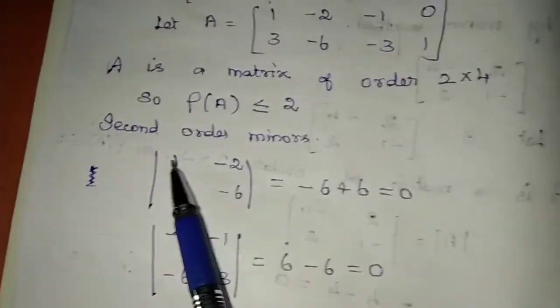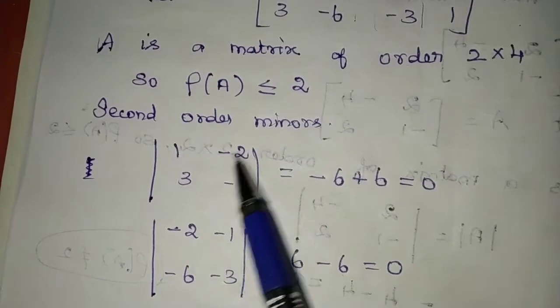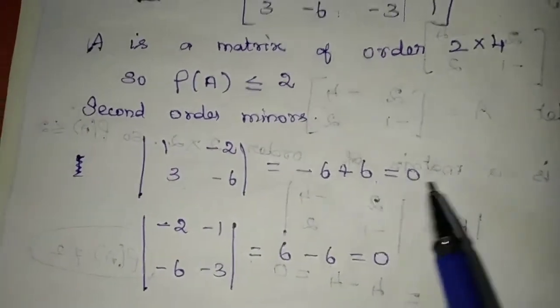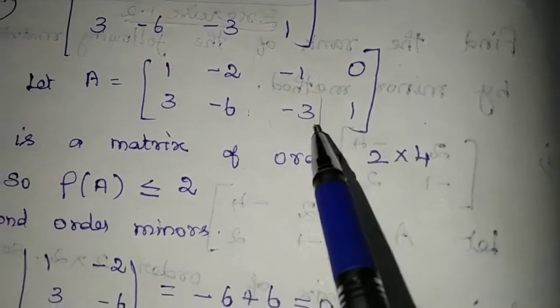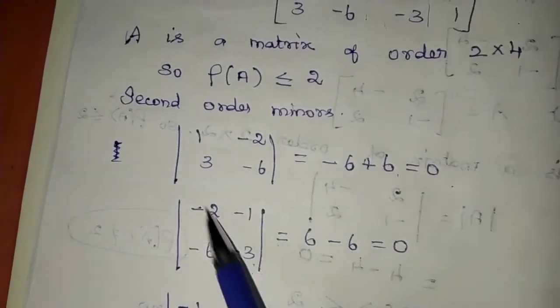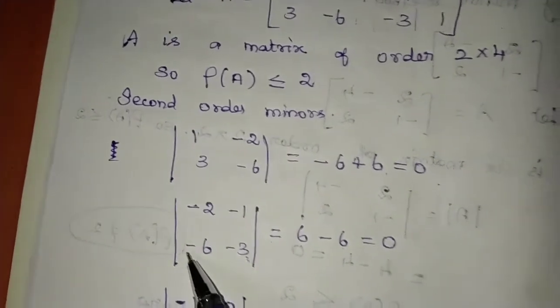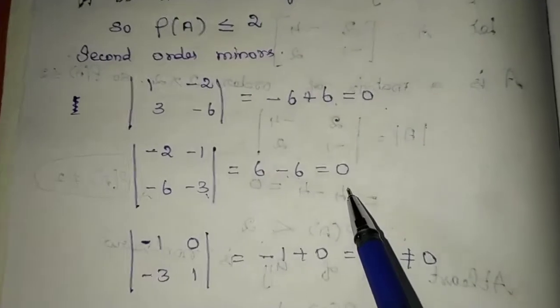First take the second order minor in this one. Now 1 into minus 6, minus 6, here formula minus plus 6 equal to 0. And again take this one, this second order minor. Minus 2 minus 1, minus 6 minus 3 plus 6. Here also plus 6, formula minus 6 equal to 0.